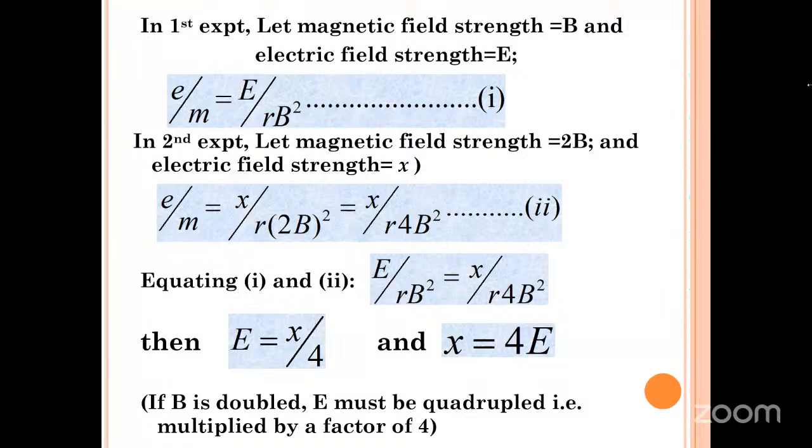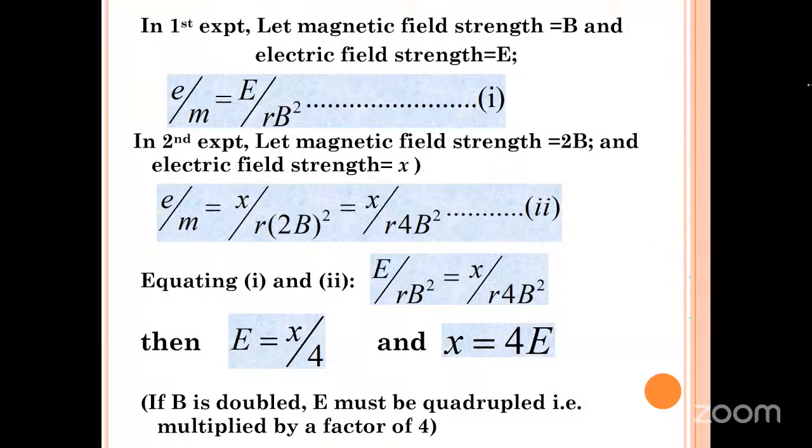The question is in this part of the second experiment. You said we already have E over M equals X over R into bracket 2B squared.